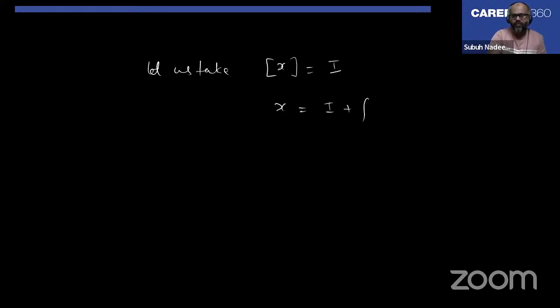Now what we can do, let us take greatest integer of x as I, and x is equal to I plus f, where f is the fraction part.